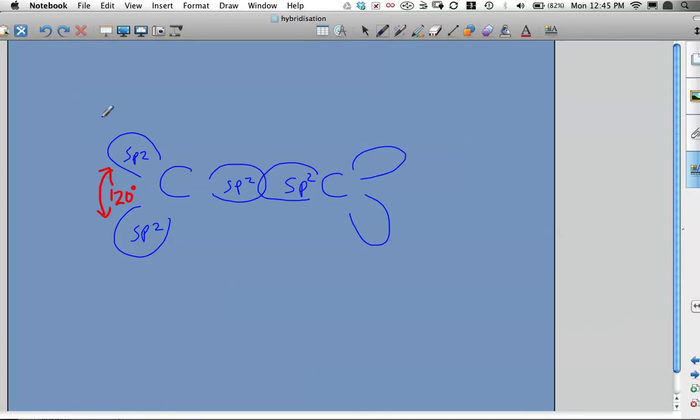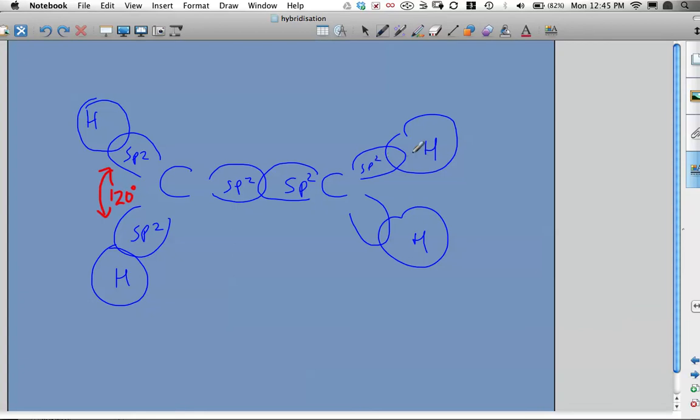If hydrogen gets involved, then hydrogen has an s orbital, and that hydrogen's s orbital can overlap here, and here, and here, and here. In all of these cases, the overlap forms sigma bonds. It's head-to-head overlap, like we talked about before.